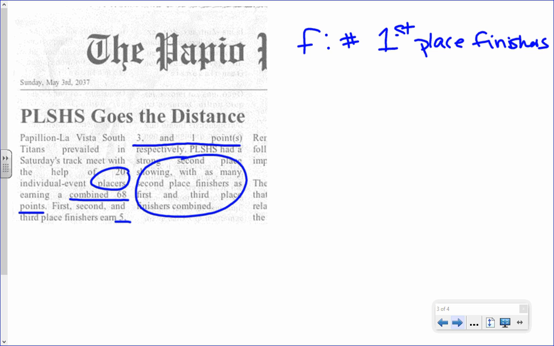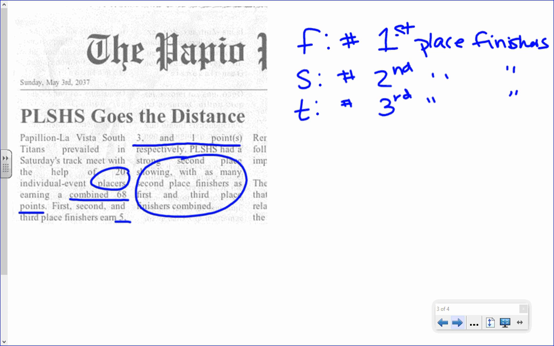Remember, you can choose whatever variables you want to. These are the ones Eli wants to use. What did you say? S? And T. Okay, I'm just trying to save some room up here.